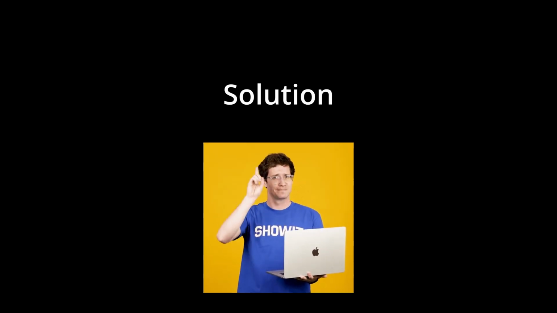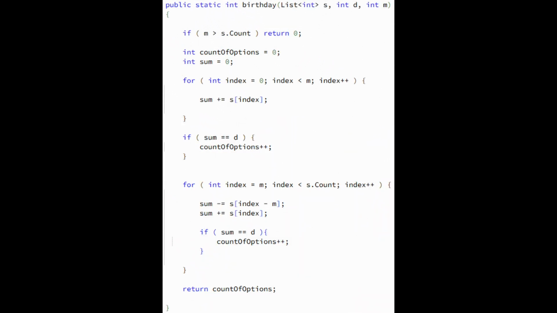In the beginning we do a simple check to see if the month number is not bigger than the number of chocolate tables. Because if it is, then it doesn't make sense, so we just return 0. Otherwise, we take two variables, the count of options. We want to solve the problem in just one iteration, so complexity of O(n) at the end, and then another variable for the sum.